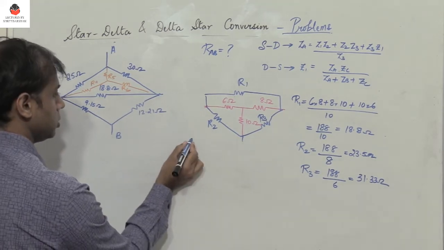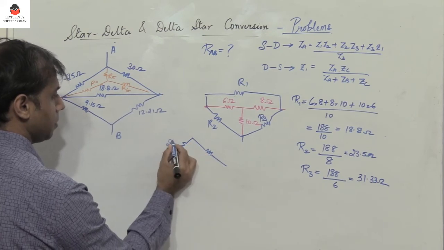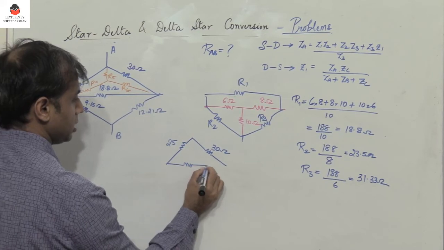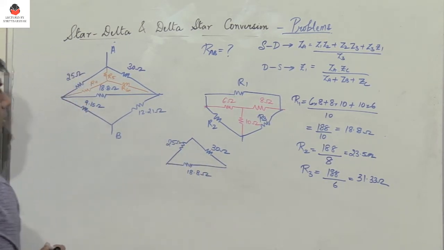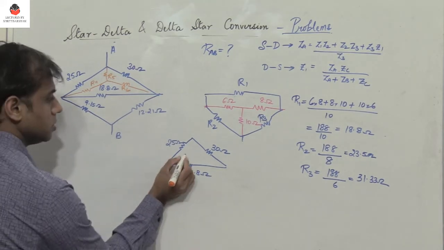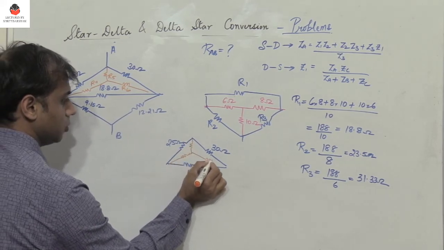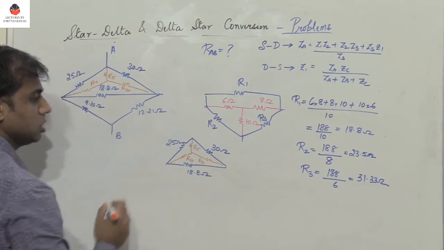You have 25, 30 and 18.8, and then you have R4, R5 and R6, which we got to find. We have to find the values of R4, R5 and R6. Now what is R4?